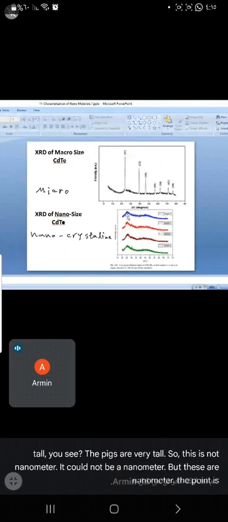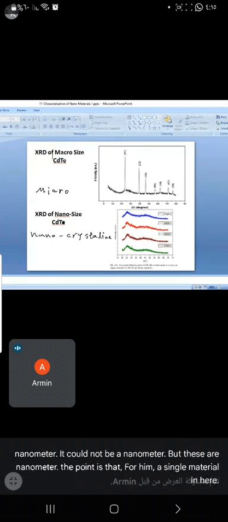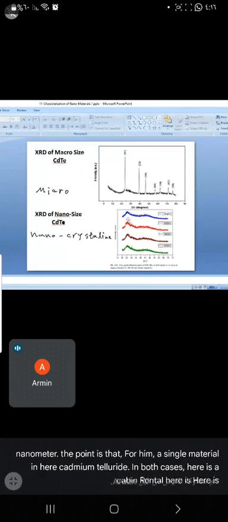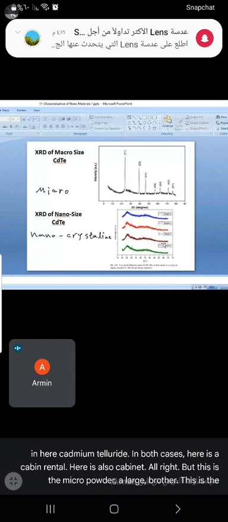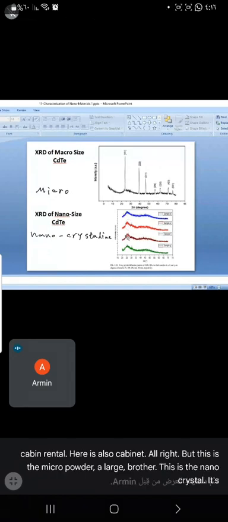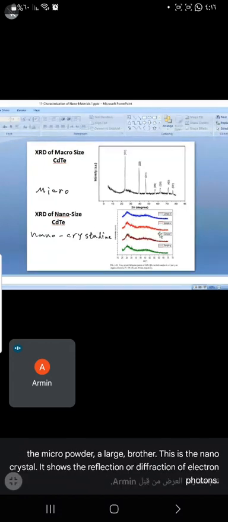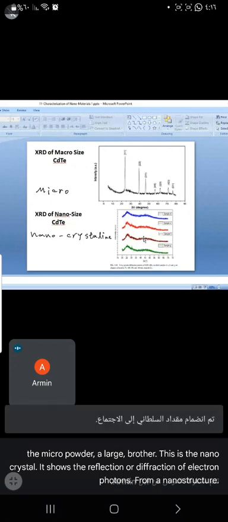The point is that for a single material, here cadmium telluride, in both cases, here is cadmium telluride and here is also cadmium telluride. But this is the macro powder, a large powder. This is the nanocrystal. It shows the reflection or diffraction of photons from a nanostructure.